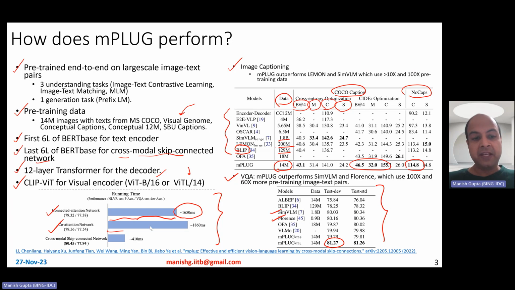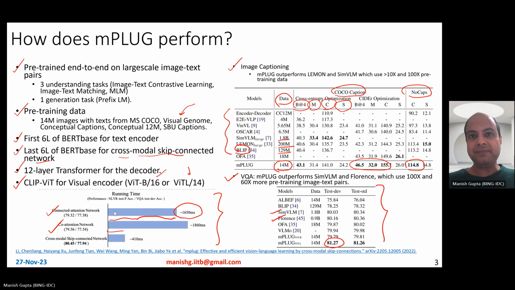So it's 4x faster. But if you look at accuracy numbers, 80.45 compared to 79.456 and 79.32. On 2 different datasets, the NLVR reasoning dataset and the VQA visual question answering dataset, you get better results in 4x smaller time. Who wouldn't want that? That's the goodness of the mPLUG model.